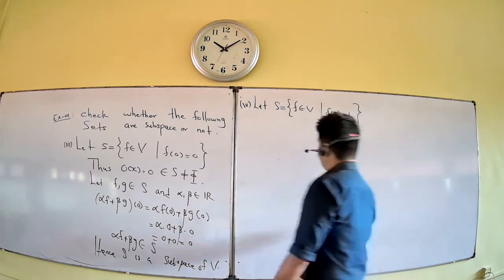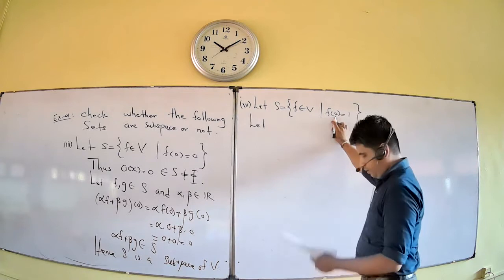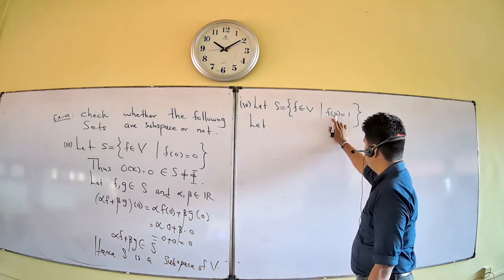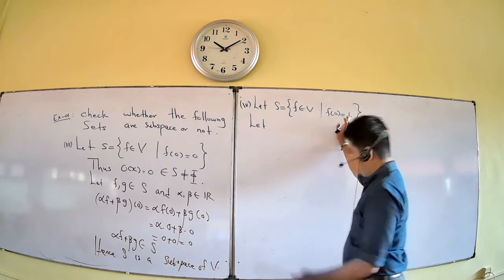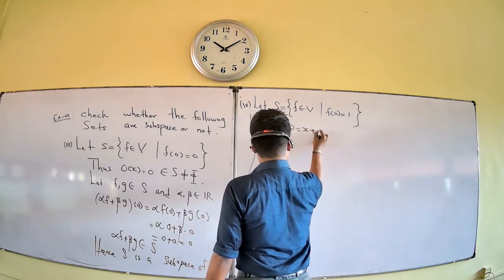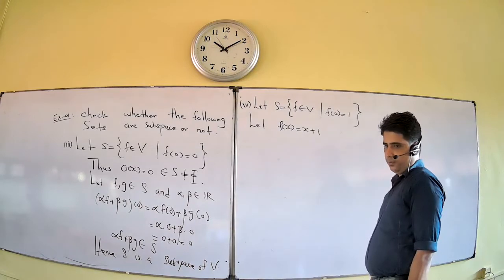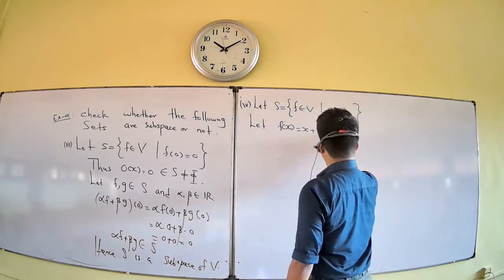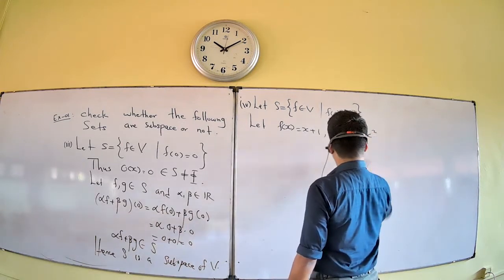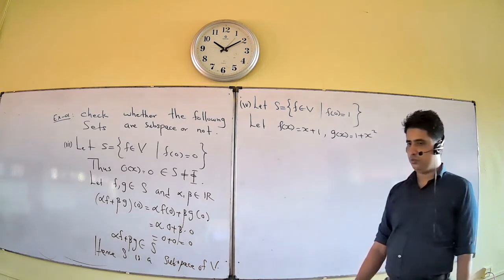For example, take f of x equal to x plus 1. You put x equal to 0, then you get 1. Then g of x equals 1 plus x squared. If you put x equal to 0, then x squared is also 0, and you get g of 0 equal to 1.